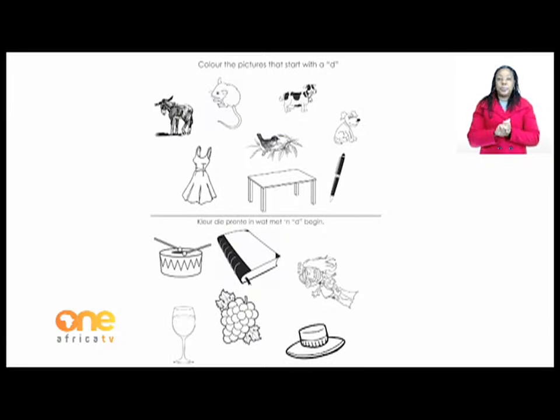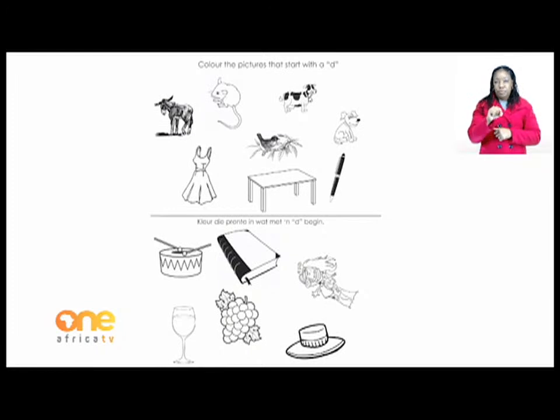Now look for the pictures that have names that begin with letter D. Donkey, mouse, cow, dog, bird, table, and pen.